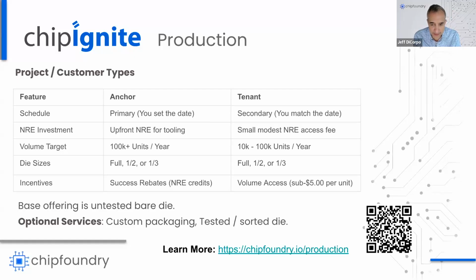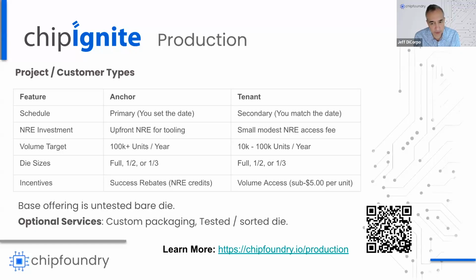In addition to that, they set the timing. So they define when the tape out would occur. They'll set that based on their needs or requirements, and with that, the timing for the fabrication run that precedes that. They also will get a rebate back as we are able to bring on additional customers to ride on that same shared production run.